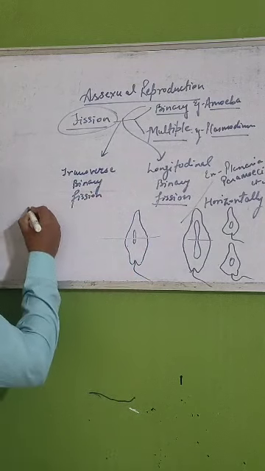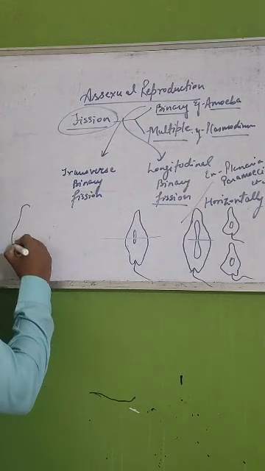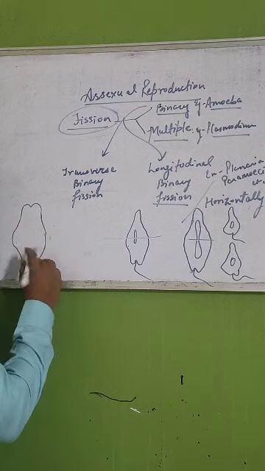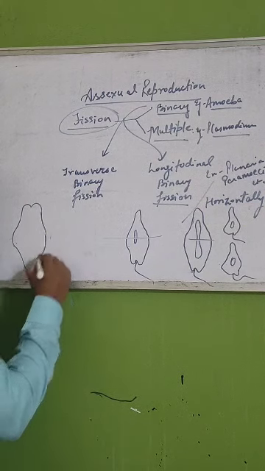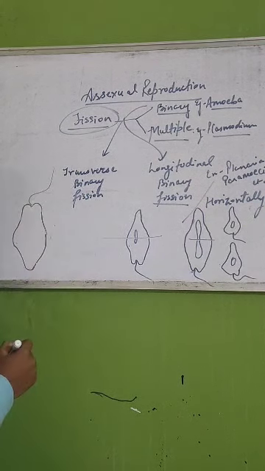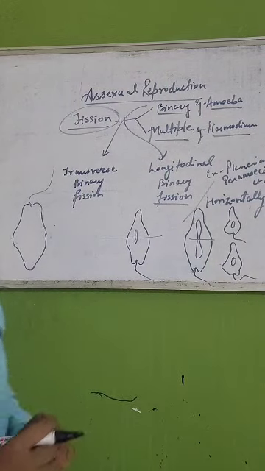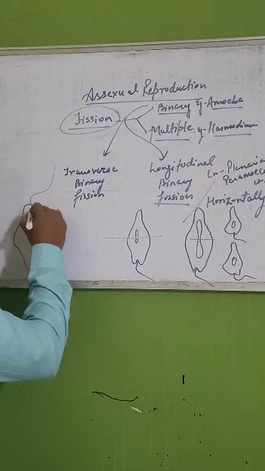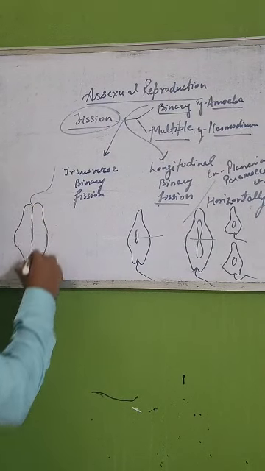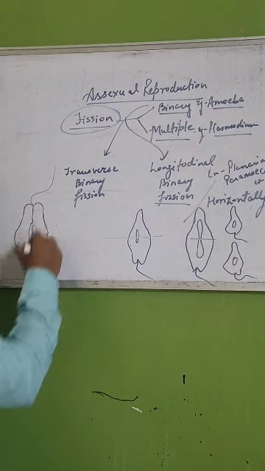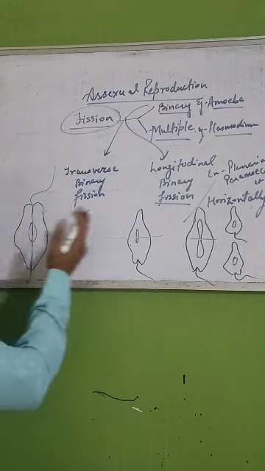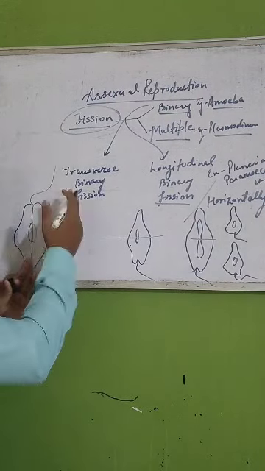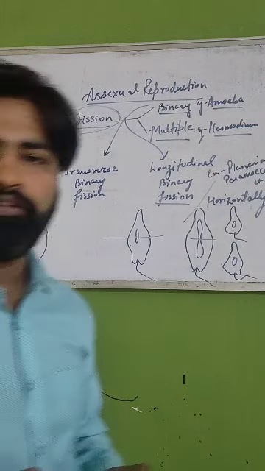See, if we talk about euglena, it is something like this. And this particular division takes place longitudinally like this. Firstly the nucleus will divide and then the whole organism will be divided. So this is known as transverse binary fission.